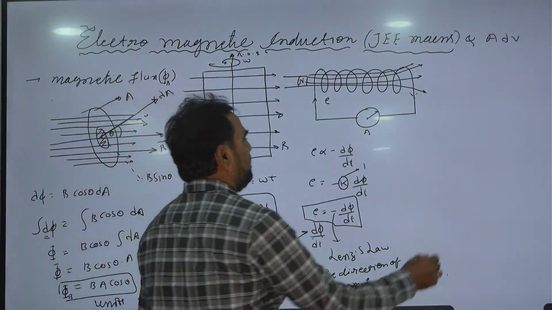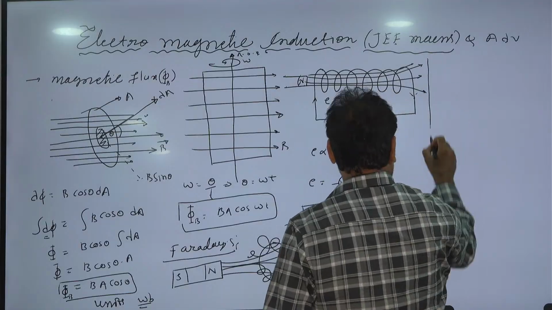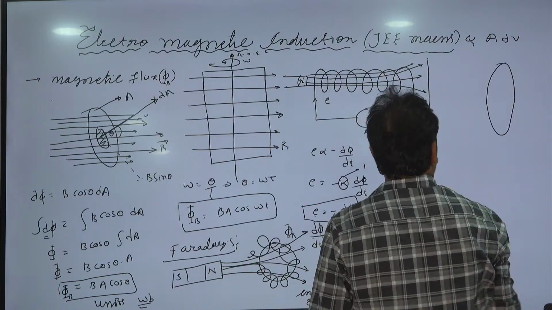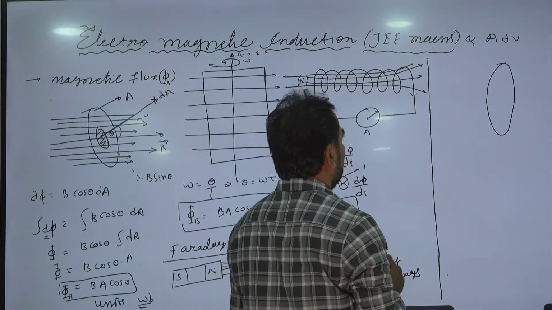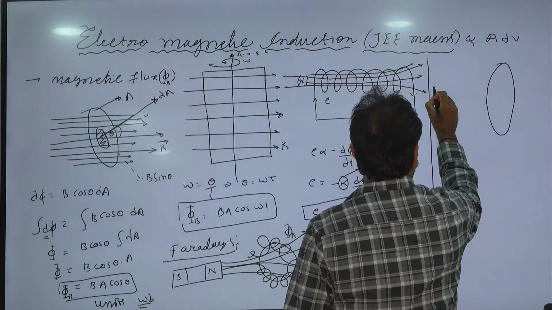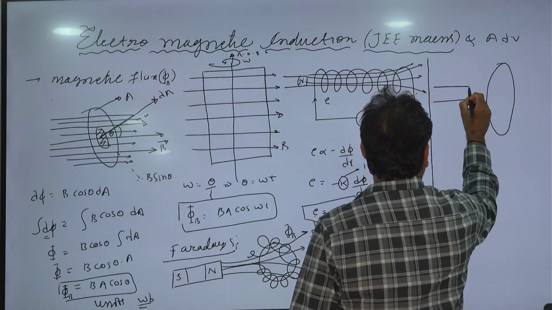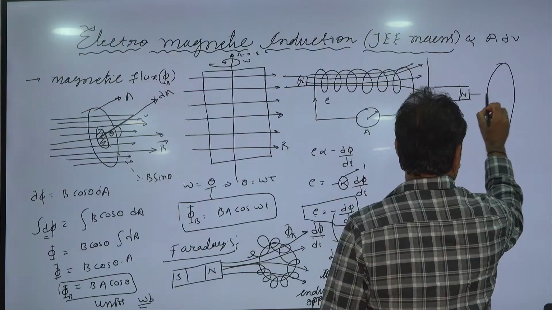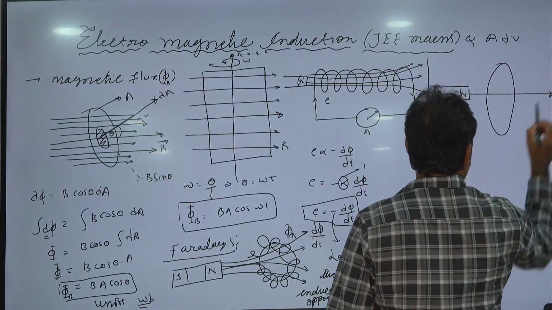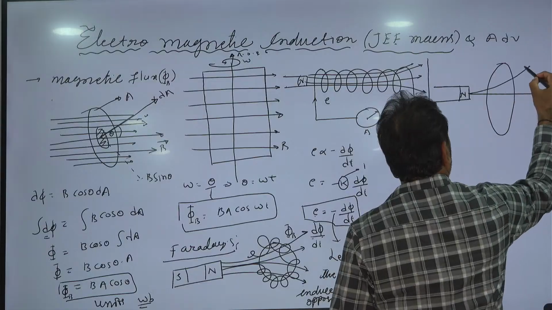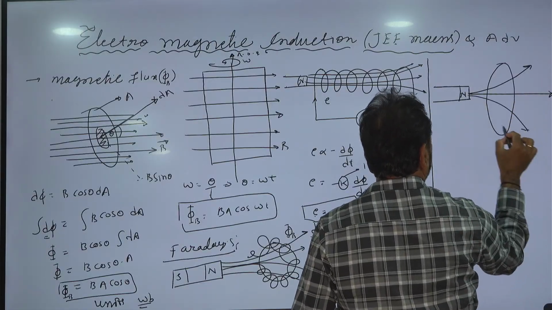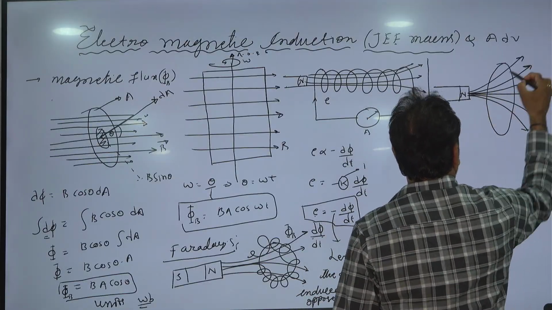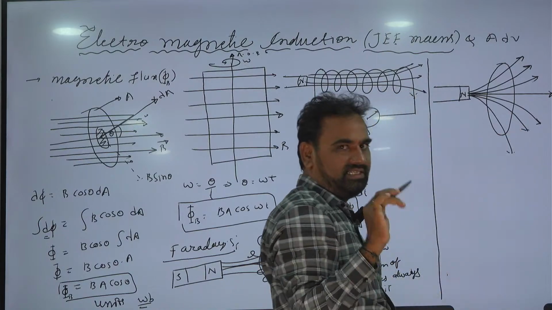Example, suppose consider a loop, a closed loop. When the north pole of a magnet moves towards the coil like this with certain velocity, then the flux associated with the coil changes.